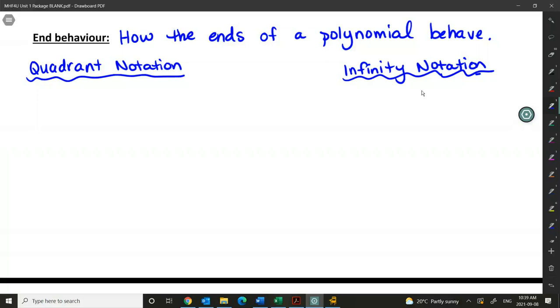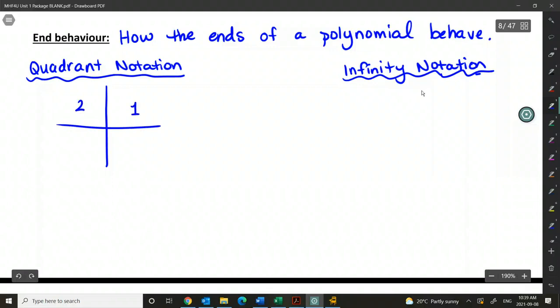For quadrant notation, the first thing we have to do is remind ourselves what numbers each of the quadrants are. This is quadrant 1, 2, 3, and 4 when we look at a graph. It's the same as how we numbered the quadrants in CAST rule last year in grade 11.